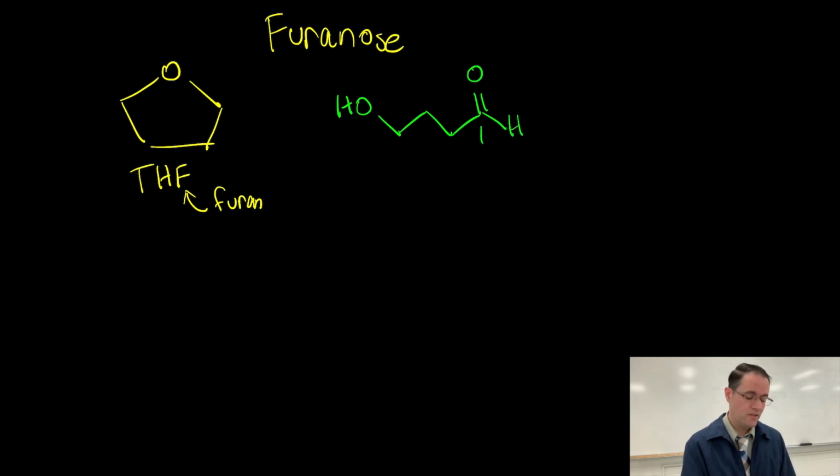Okay. This can come about by the cyclization of an appropriately sized chain, right? If the hydroxyl group at carbon 5 engages that carbonyl group at carbon 1, maybe it's easier if we show it kind of wrapping around first before we grab it in.